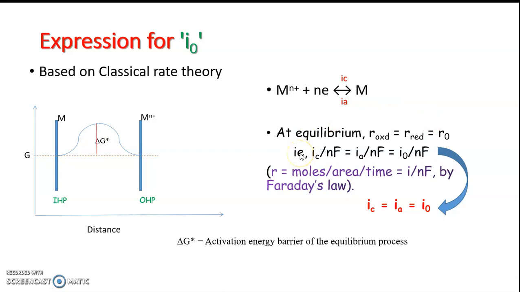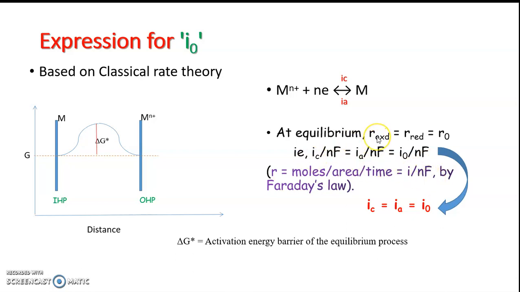From the same kinetics, rate is the number of moles of ions crossing per unit time per unit area. By Faraday's law, R is equal to I by NF, where I is the current density, N is the number of moles of electrons involved in the reaction, and F is the Faraday.